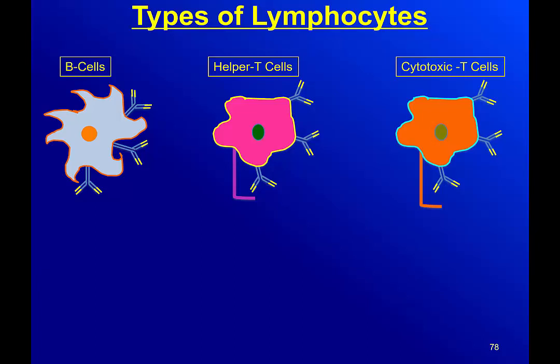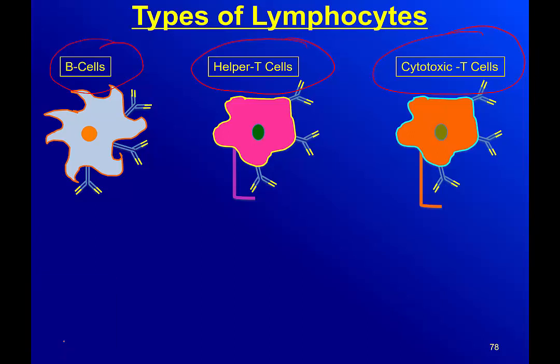All right, so let's talk about the actual lymphocytes, the ones that are involved in adaptive immunity, also known as specific immunity. We have the B cells, we have the helper T cells, and we have the cytotoxic T cells. Let me get yellow again.